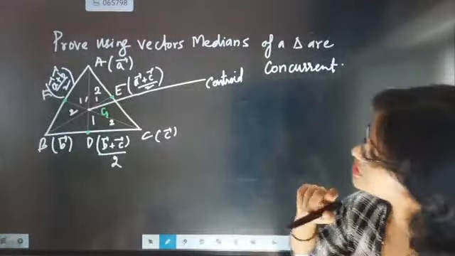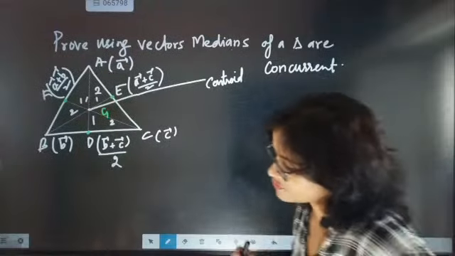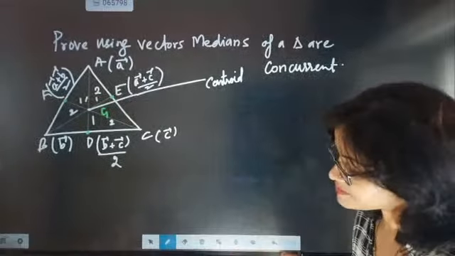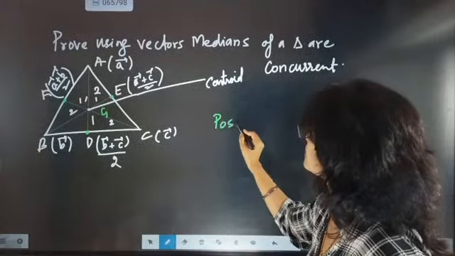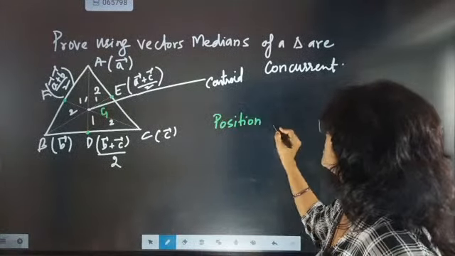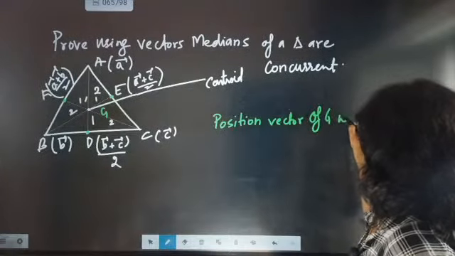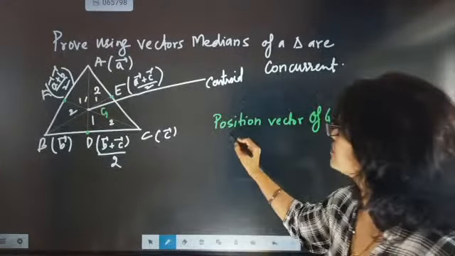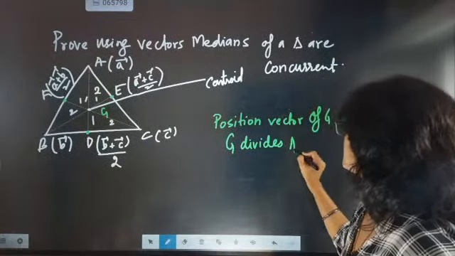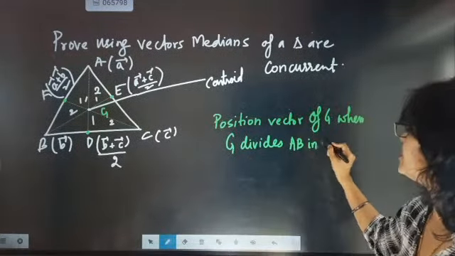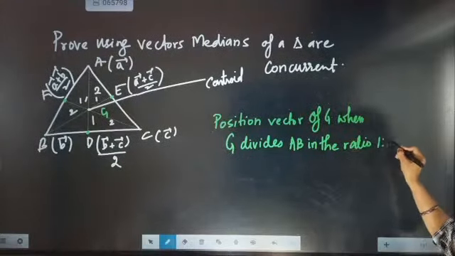So what is the position vector of G for AB? We are going to write the position vector of G when G divides AB in the ratio 1:2.